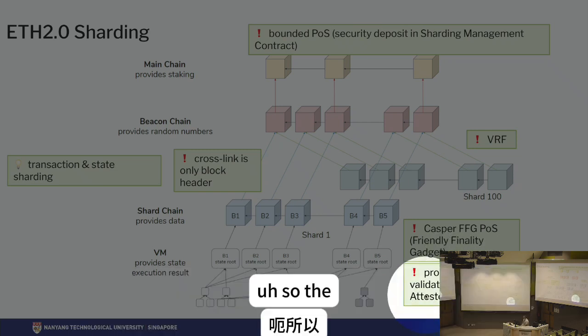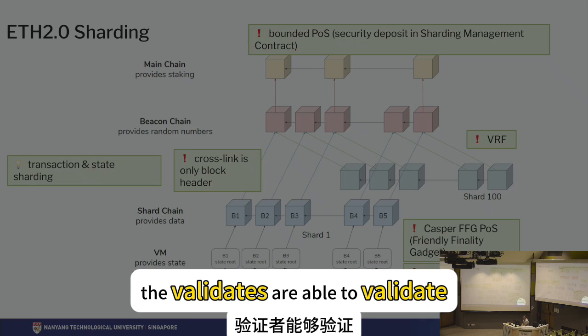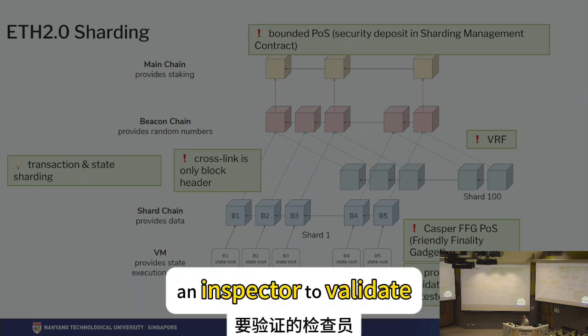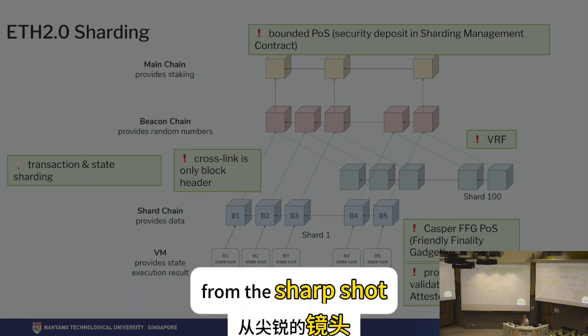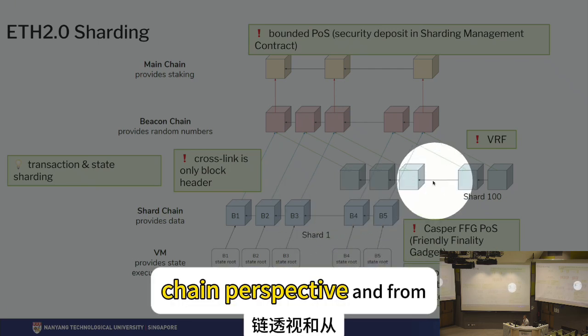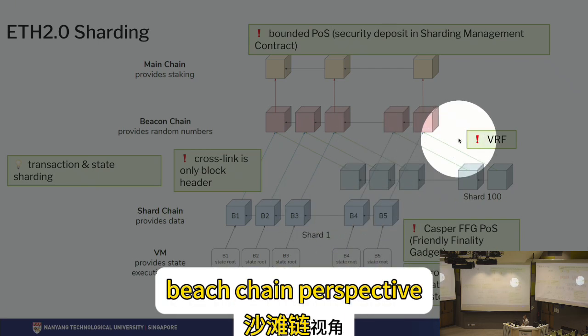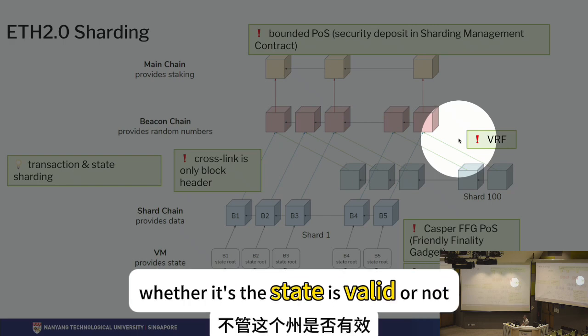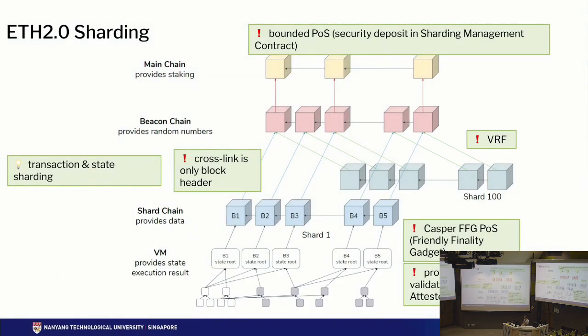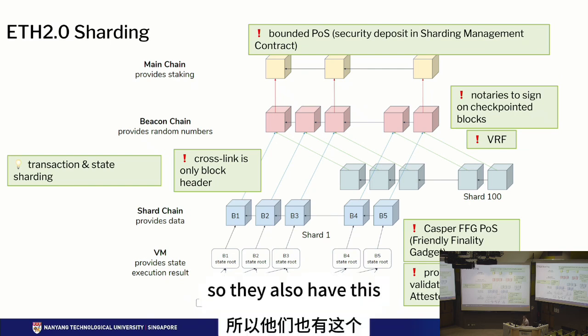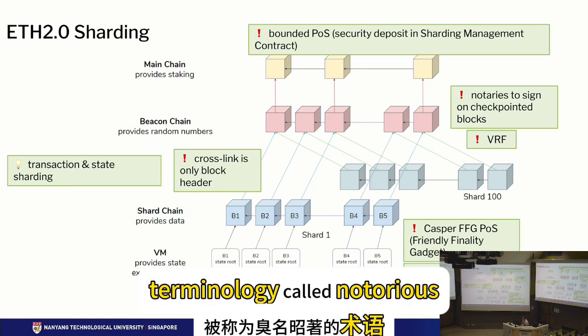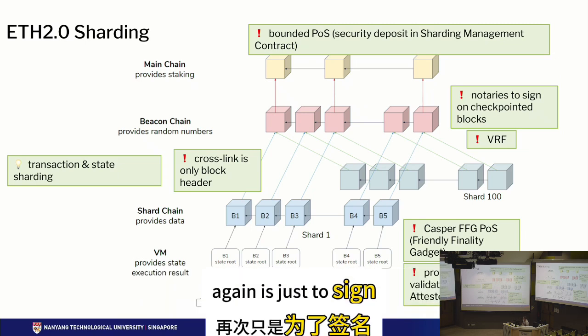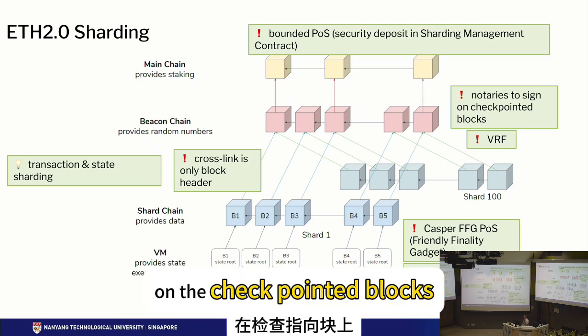The validators are able to validate as an inspector, from the shard chain perspective and from the Beacon chain perspective, to inspect the whole chain and check whether the state is valid or not. They also have a terminology called notary. This is just to sign on the checkpointed blocks.